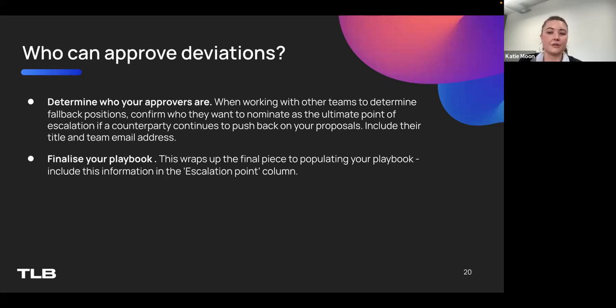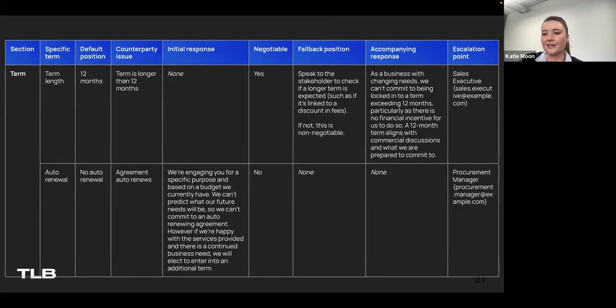So someone that the legal user can specifically go to and know, okay, I've got their sign off, we're good to go. So that wraps up the final piece to populating your playbook, because obviously that will inform your escalation points. So we've written some examples here, but with all of that, you've now got your full playbook.